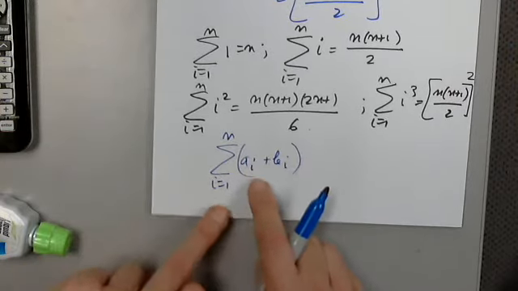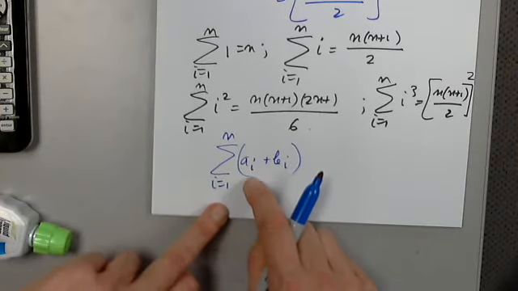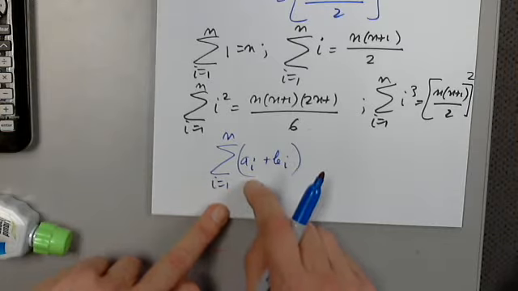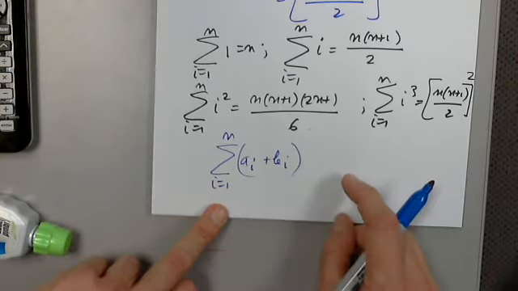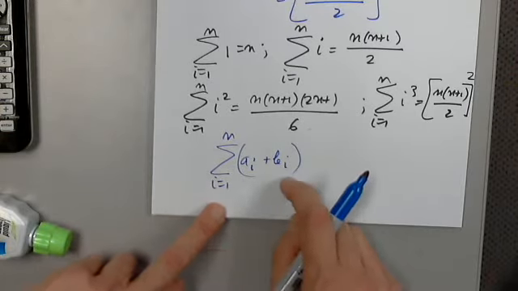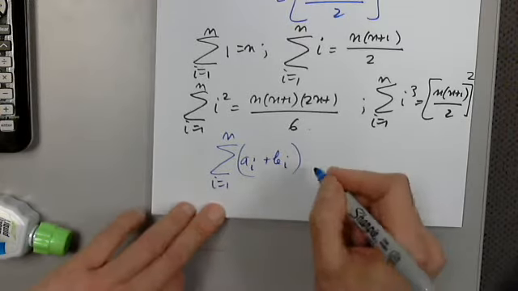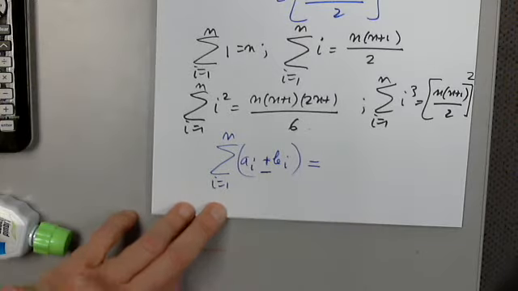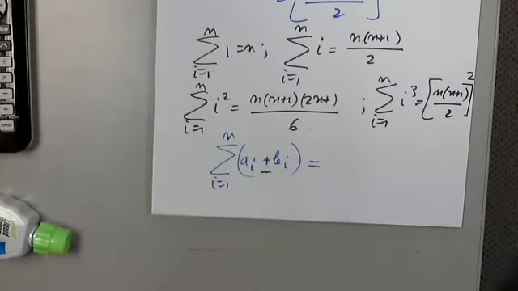What does this mean? When i is 1, I have a1 plus b1. When i is 2, I have a2 plus b2, and so on and so forth. What do you think this will equal, whether it's a sum or a difference in the middle? Wild guess.